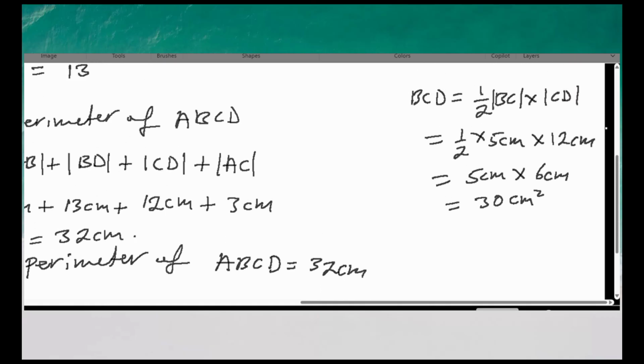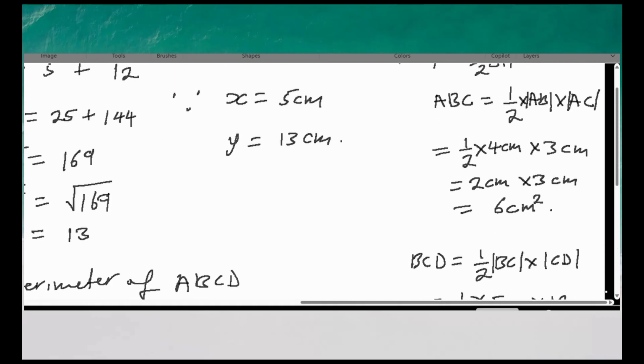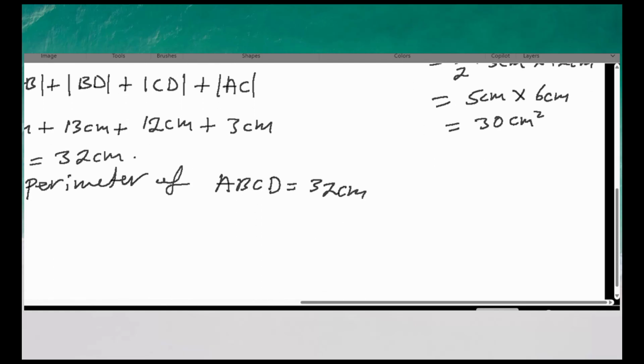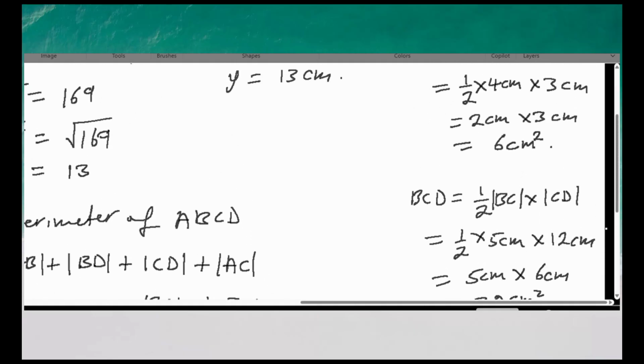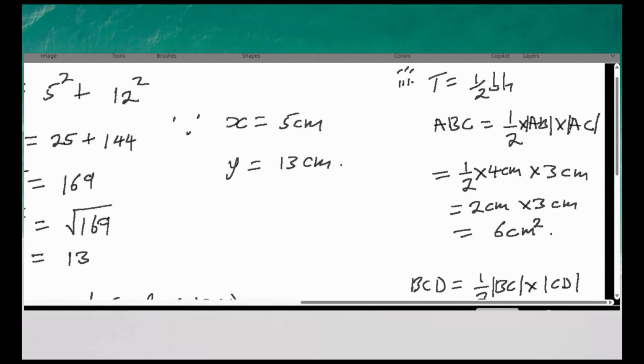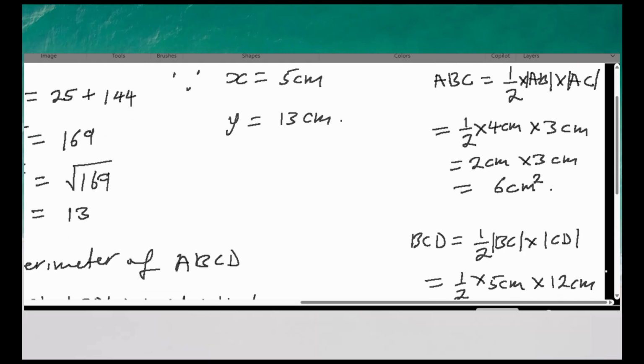Right, now find the area of ABCD. The area of ABCD is going to be equal to the area of ABC plus the area of BCD. What's the area of ABC? The area of ABC is what? 6 centimeters, right?